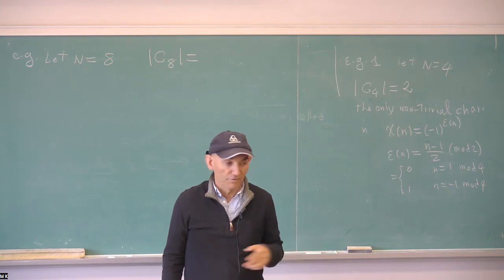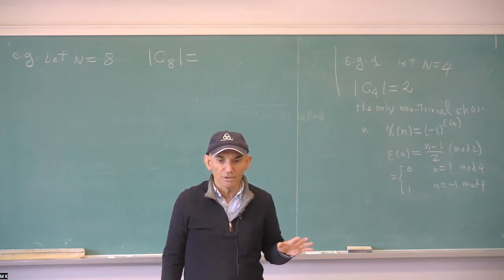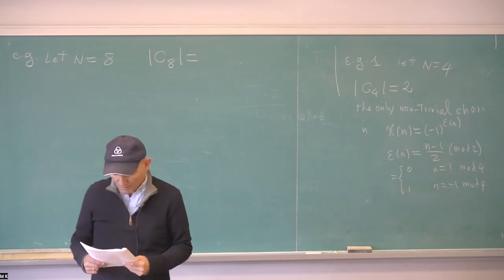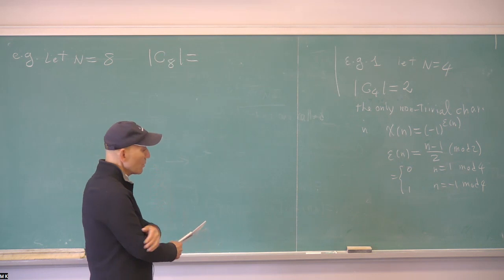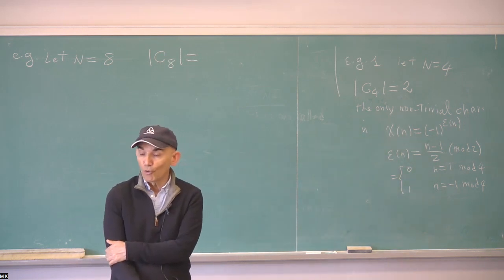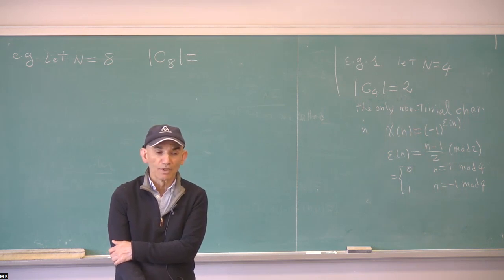From very basic group theory, first lecture, they proved to you that these are the only groups of order 4. Now the question is, which one is it? Is it the cyclic group of order 4, or is it Z2 cross Z2?